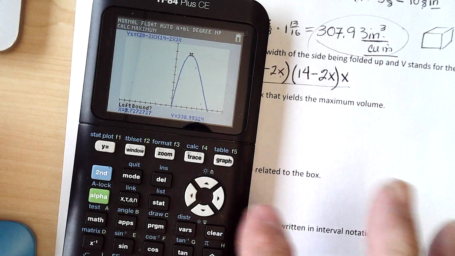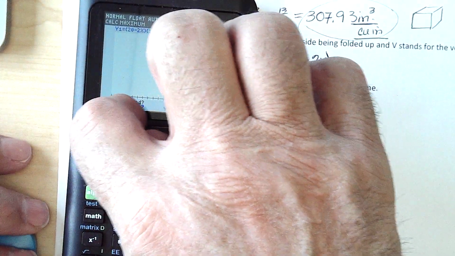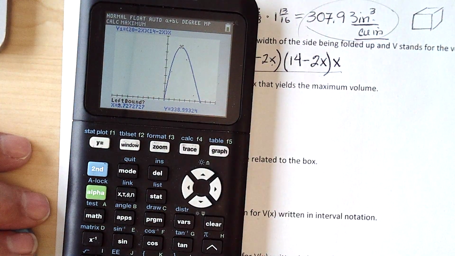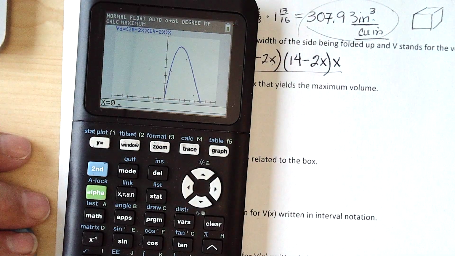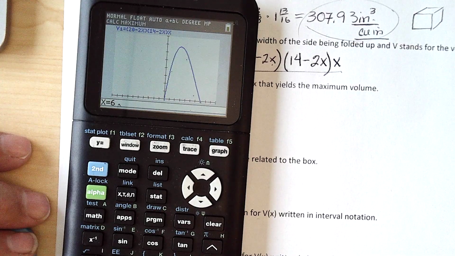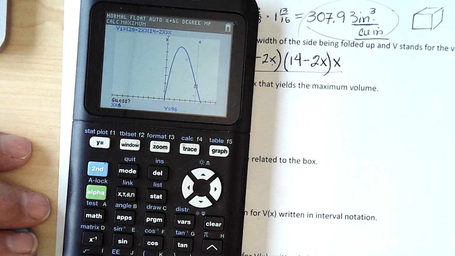So you can do that by arrowing, but I like to type it in. I'm looking for one that's somewhere between 0 and 6. So I'm going to type in, look, the left side is maybe 0. The right side is probably less than 6. So it's drawn lines that it's going to look between there for a max.